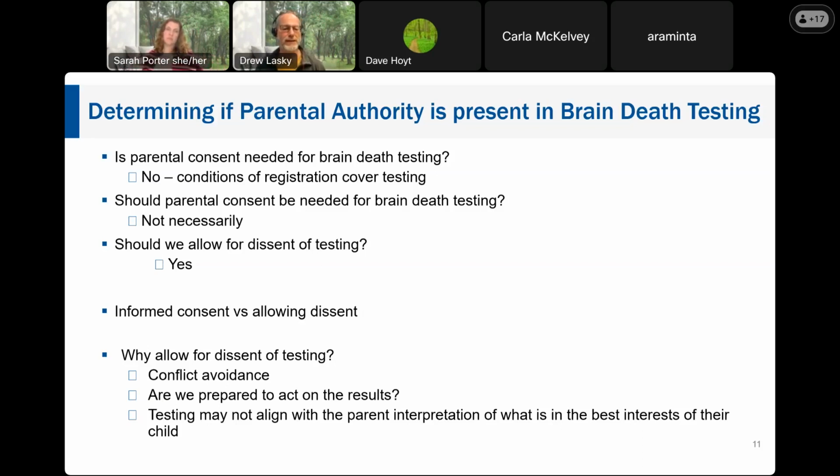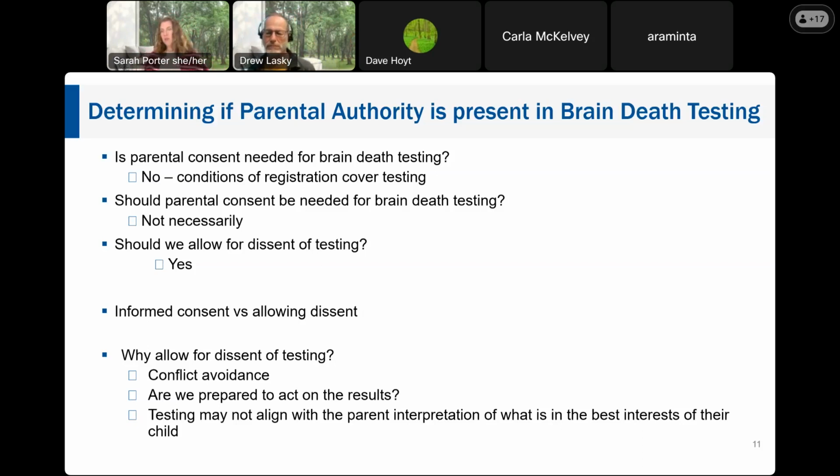So that's something also to consider. And we don't always talk about the benefits of conflict avoidance in these situations, but I think, as they talked about in the last session about moral distress and fatigue and compassion fatigue, conflict between the team and parents adds significantly to that.